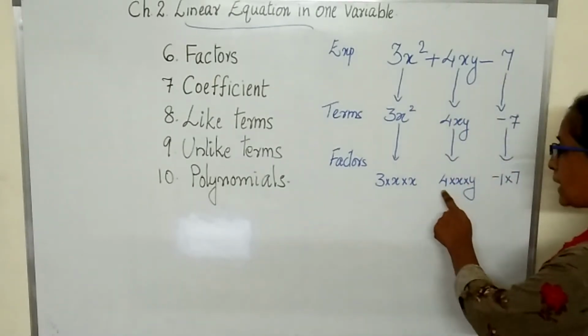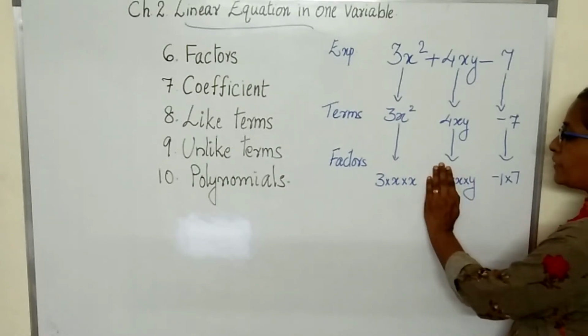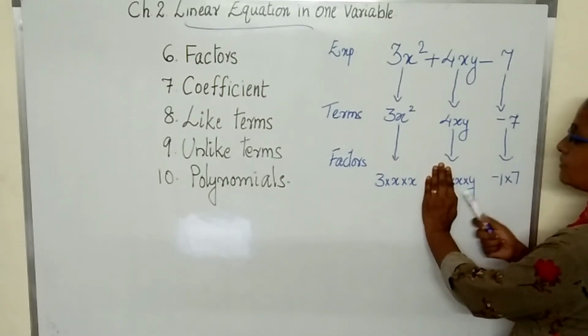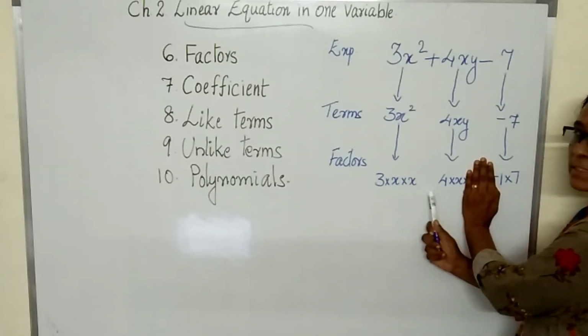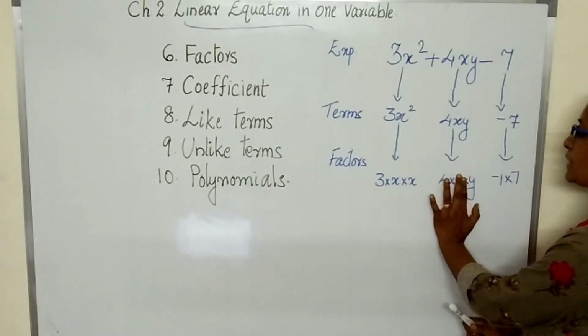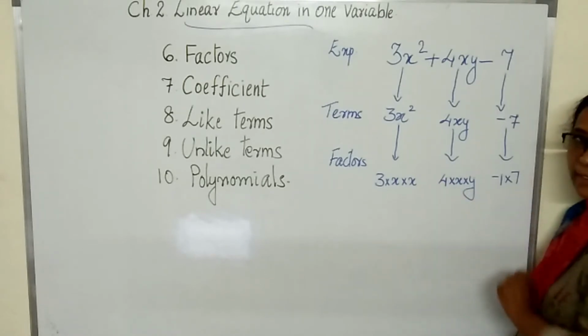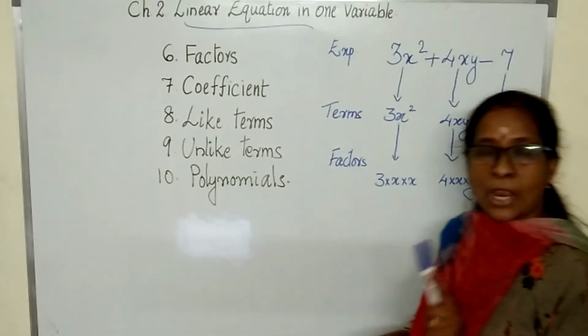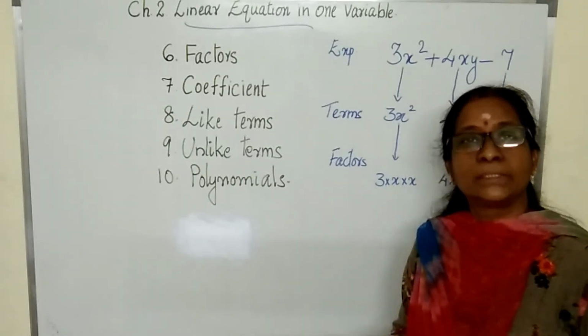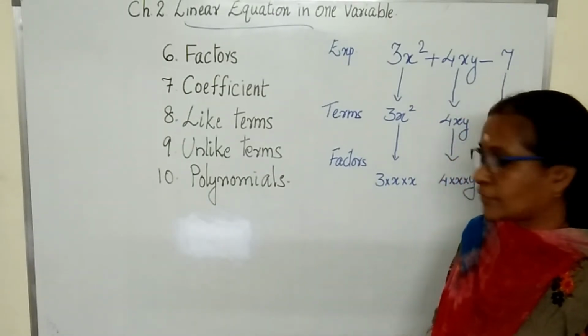Okay. Now if you take this, the coefficient of 4 is xy. Coefficient of y is the remaining factors, that is 4x. Coefficient of x is 4y. Okay. So in any term, the coefficient of a factor is the remaining factors.